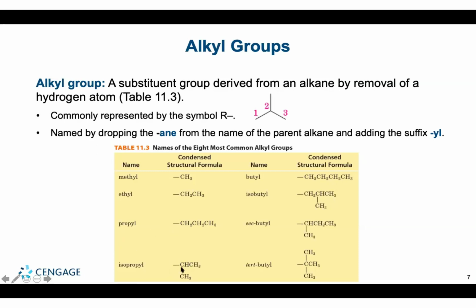When it attaches from the second carbon to another carbon, we call it isopropyl. Here we have four carbon, it's going to be butyl. When it's attaching from one of the carbons that is a primary carbon, it can be isobutyl. When it's attached from the second carbon, it's going to be sec-butyl, and when attached from the tertiary carbon, which is the carbon that has no hydrogen in it, we call it tertiary butyl or tert-butyl.